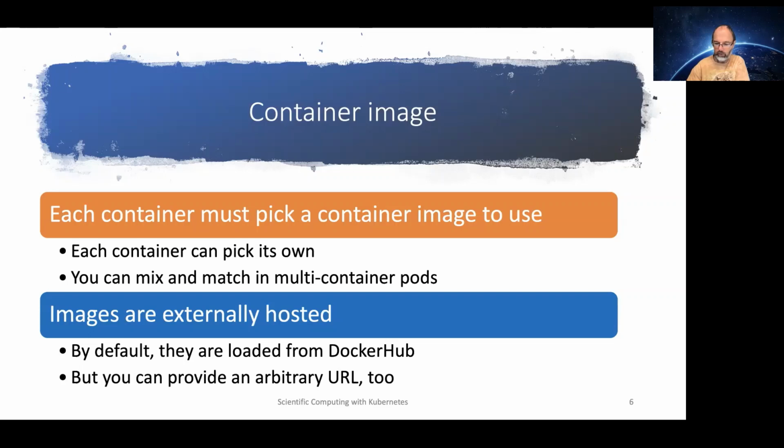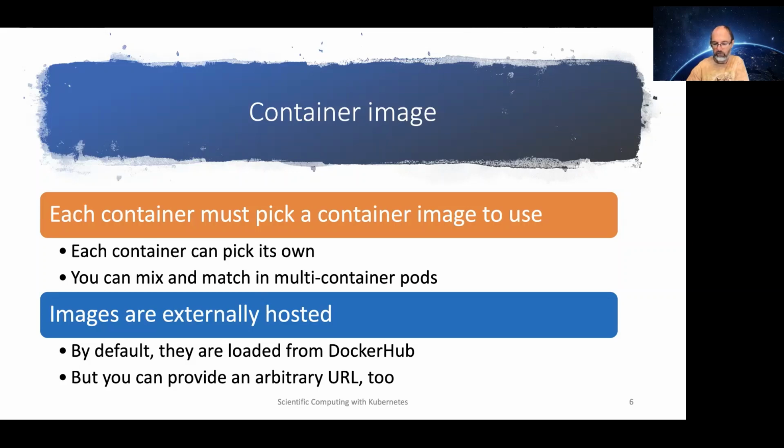Now, when you have containers, you need to have some container image. There is no default container in Kubernetes. You have to pick one, and you can mix and match different containers inside the same pod if you run multi-container pods, but each one must have one. Where do images come from?